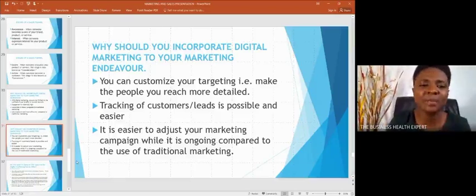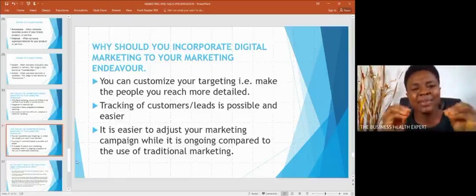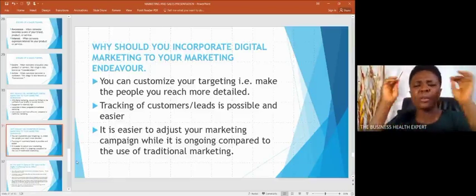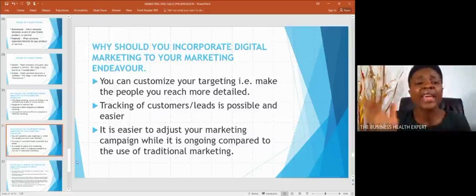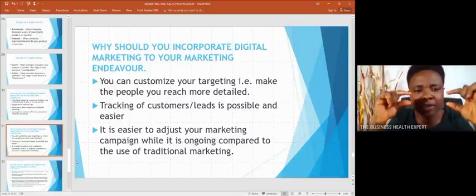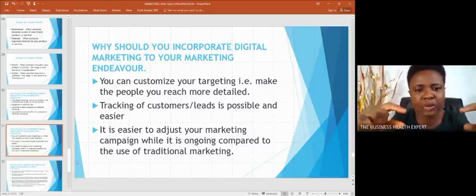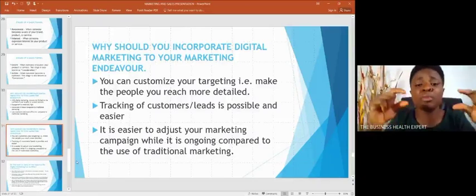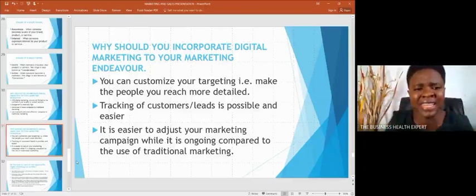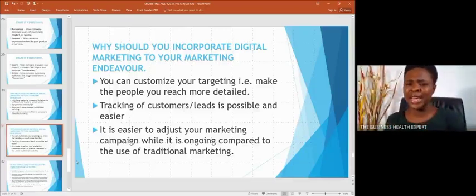So with digital marketing, you can target, what am I trying to emphasize? You can target the exact people you need. If your product is all about ladies' products, and has nothing to do with men, you can tailor your marketing campaigns so that only women or ladies see your promotional ads. Maybe it's a particular age that needs your product.